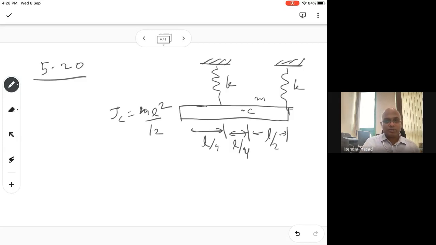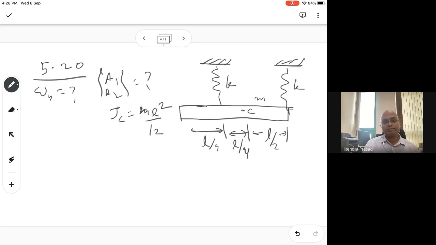Here, choose the coordinate x for the displacement of C and theta clockwise for the rotation of the uniform bar shown in the figure. Determine the natural frequency and mode shapes. So we have to find omega n and the mode shapes A1, A2.